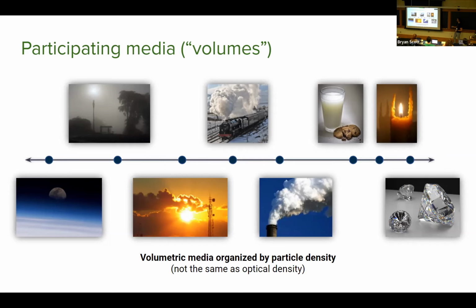And then you get to hard materials, liquids, waxy-looking things, tissues, diamonds. They don't look very voluminous, but they have the same light transport in them. So basically, much of what we see is volumes, and we think about them along this axis.